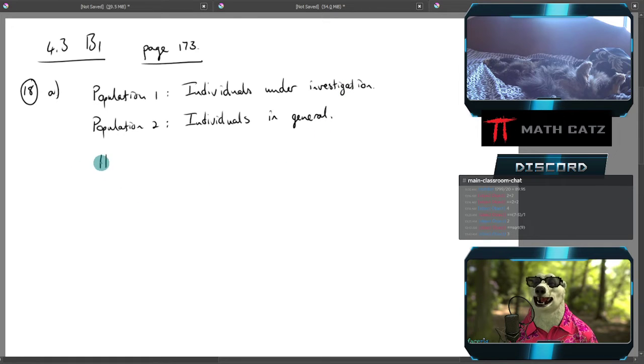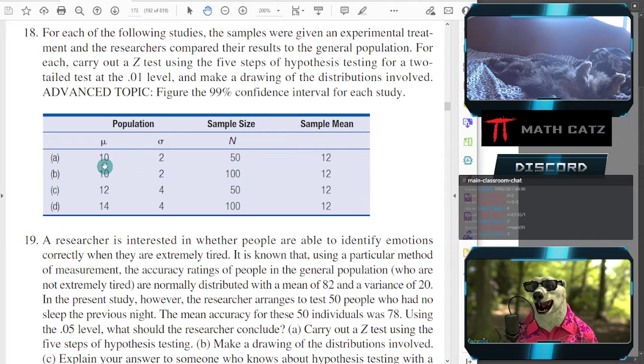So our null hypothesis is that our population 1 is the same as in general, which is given as 10. Standard deviation is 2, we could use that. And we have a sample of 50 from population 1.